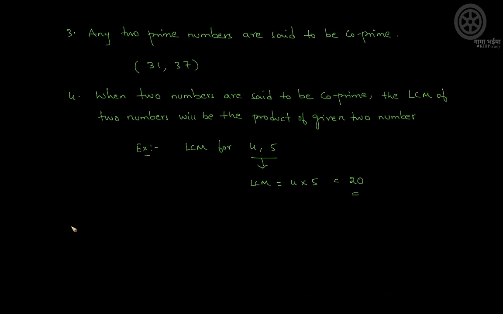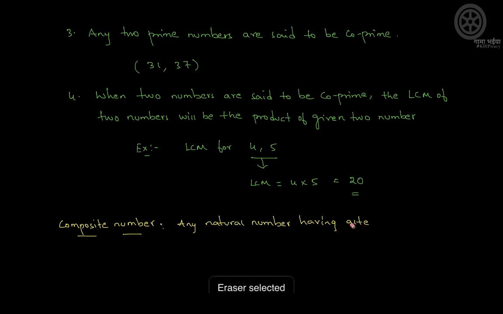Next, we will discuss composite numbers. What is a composite number? Any natural number having at least one factor other than 1 and itself.